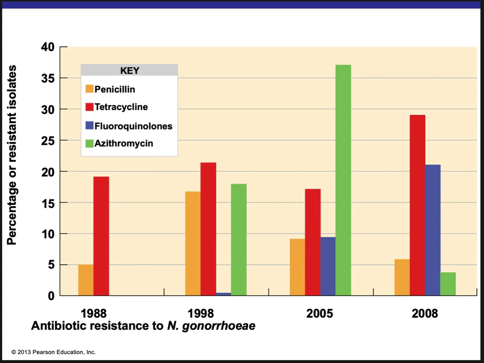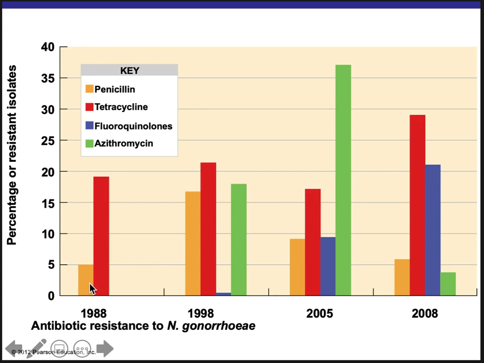Okay, so the percentage of resistance. We see these different types of antibiotics, and the first year that we started testing for resistance, 1988. This doesn't mean that's when resistance actually started, but this is when our graph starts. And we see tetracycline, which is a good, strong antibiotic, there's a big increase, 20% of these infections were resistant to the tetracycline.